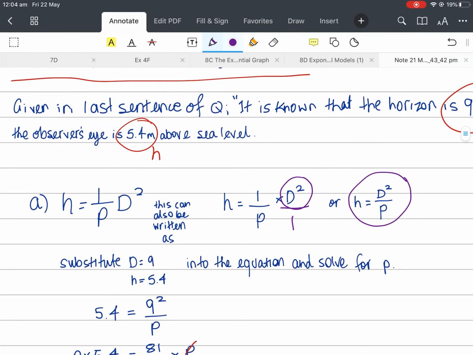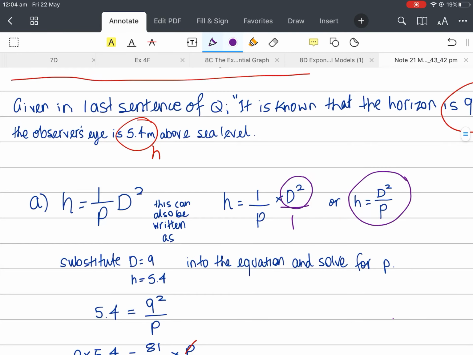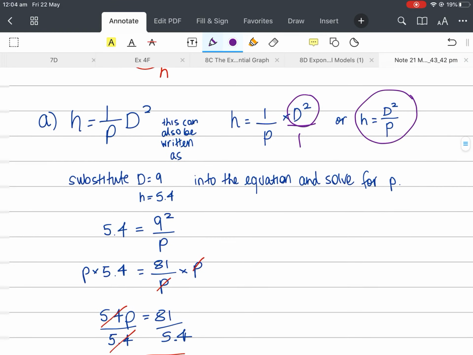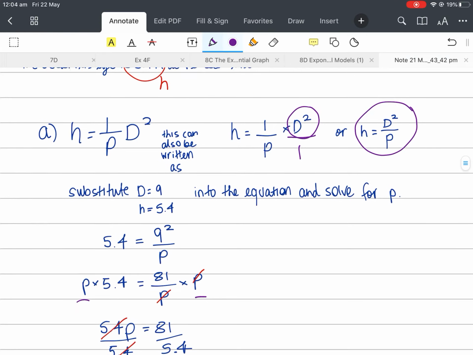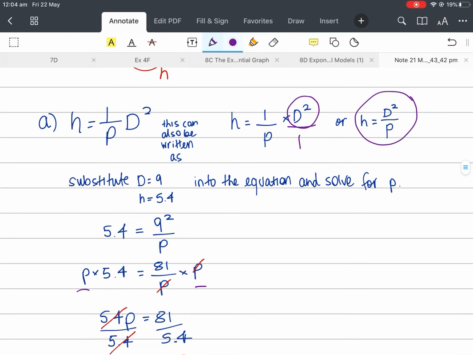So when I do that, I should get something like this. And when I solve that, the first thing I do is 9 squared turns into 81. And I say, okay, 81 divided by p. I'm going to get rid of the p first, so I multiply both sides by p. Cross out the p's, and I end up with 5.4p equals 81. I need to get the p on its own, so I divide both sides by 5.4.